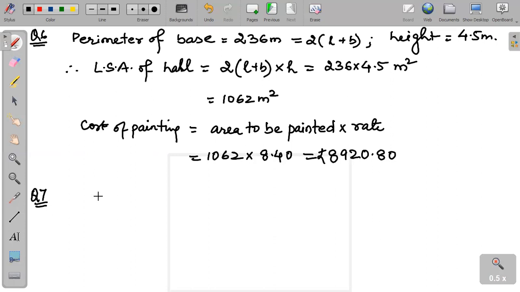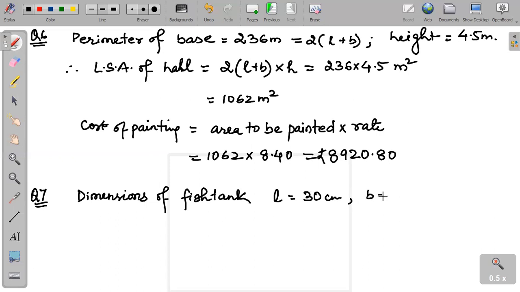Before that, a cuboidal fish tank has a length of 30 centimeter. So dimensions of the fish tank: L is equal to 30 centimeter, B, breadth, is equal to 20 centimeter and H is equal to 20 centimeter.